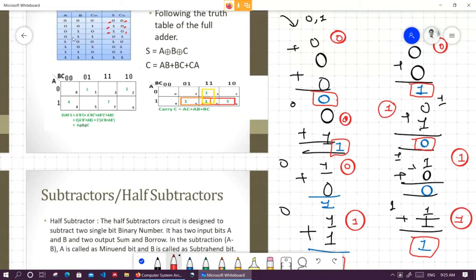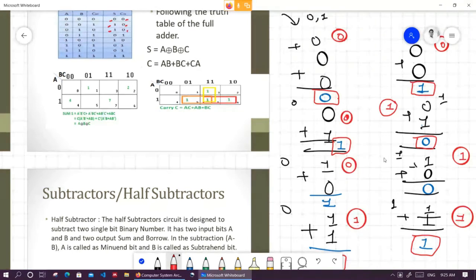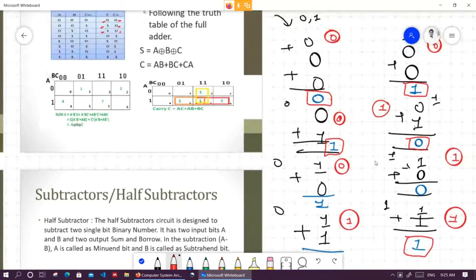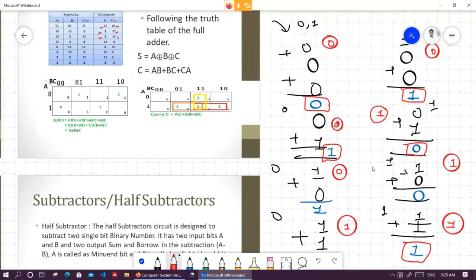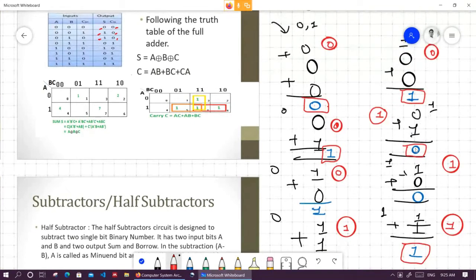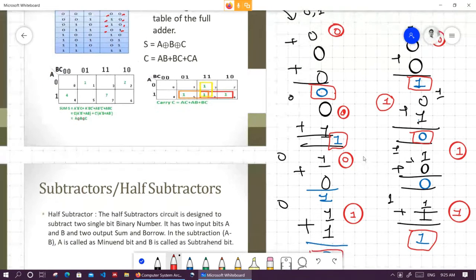Fourth: 0 1 1, so carry is 1. In this case our sum is 0 and carry out is 1.